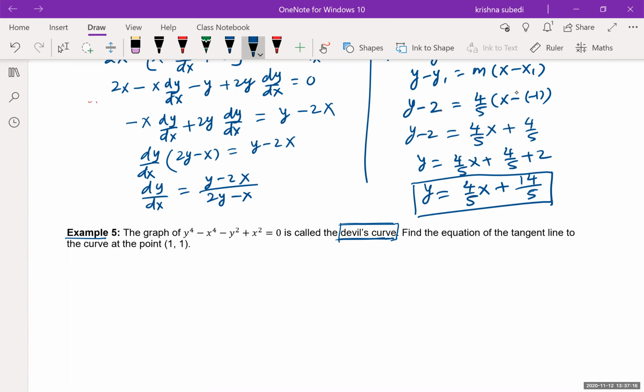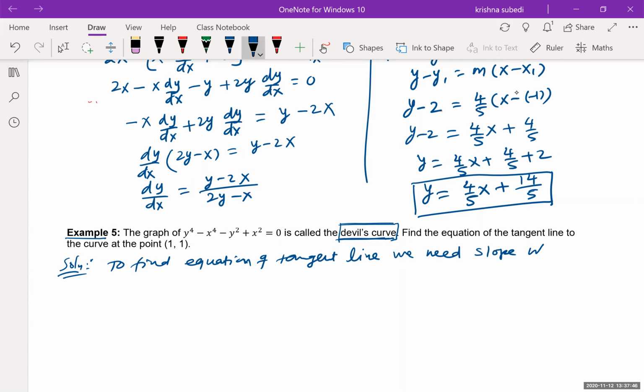So first of all, to find the equation of the tangent line, we need the slope, which is given by the derivative dy over dx.